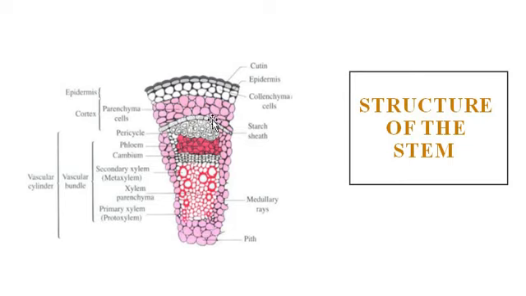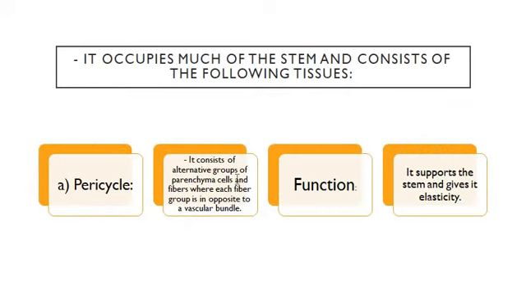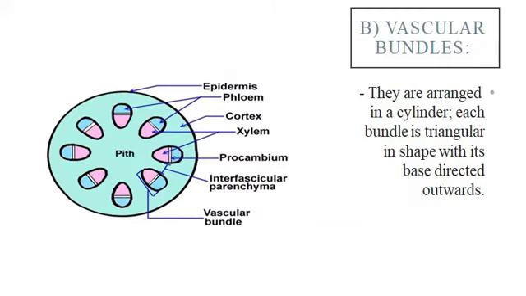It is the part below the starch sheath. The pericycle consists of alternate groups of parenchyma cells or fibers, which differ in shape, and their function is to support the stem and give it its elasticity, because of the pericycle's role. And second is the vascular bundle, which contains xylem and phloem.